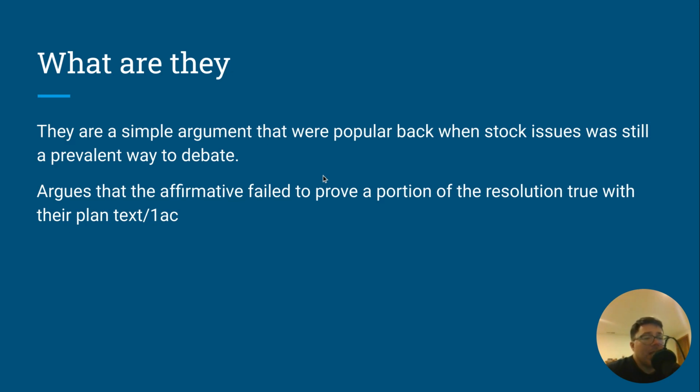Well, justification is an argument that moves beyond the prima facie understanding and says, well, it might be prima facie topical, however, we don't think you have actually good evidence to prove the resolution true in a certain aspect, and that is your burden as an affirmative, since you got to pick which AFF you wanted to read to prove the resolution true.